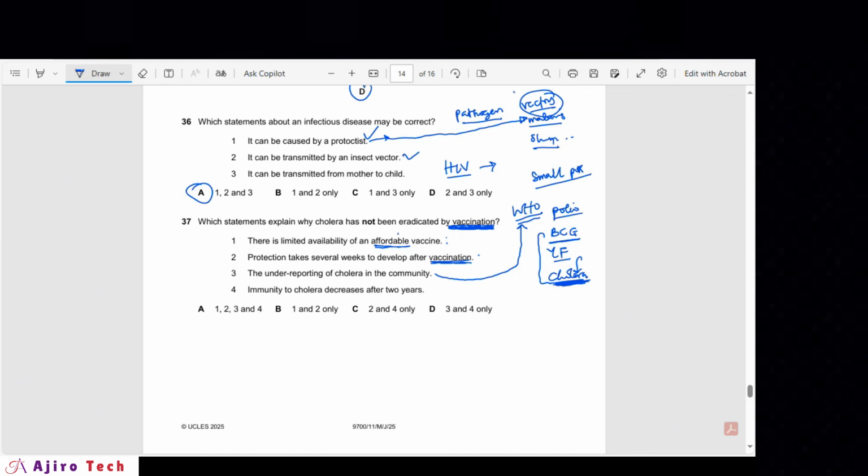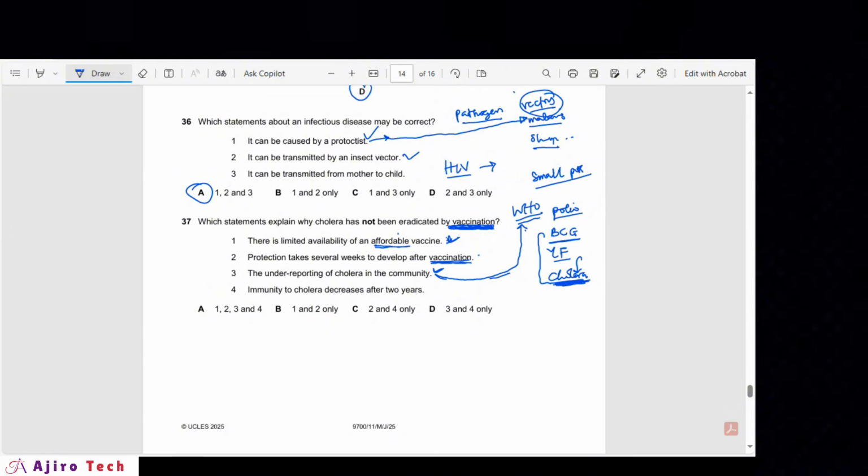And then there was active surveillance, reporting cases to the WHO. WHO acted swiftly to take care of those cases to eradicate. So you see these two are very important for eradication of the disease.